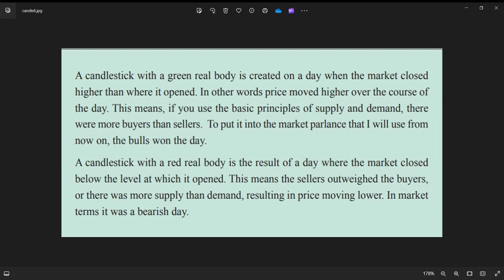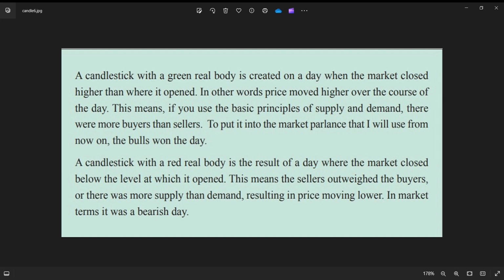This means if you use the basic principle of supply and demand, there were more buyers than sellers. Now, to put it into the market language that I will use from now on, the bull won the day. Just understand that the bull won the day.